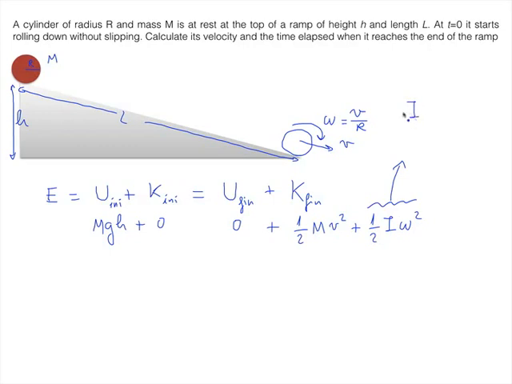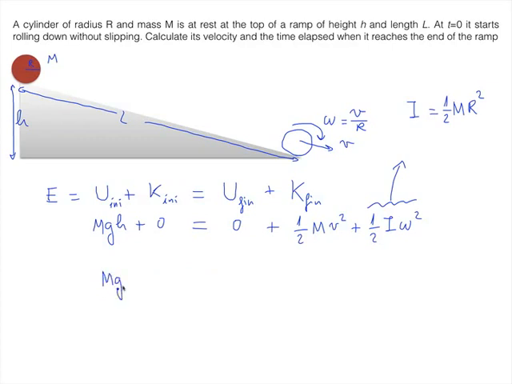One is that the moment of inertia of the cylinder can be expressed in terms of the mass and the radius as 1/2 times m times r squared. And also, as we have written before, there is a direct relationship between the angular and the linear velocity of the cylinder. So we can substitute these two things here.